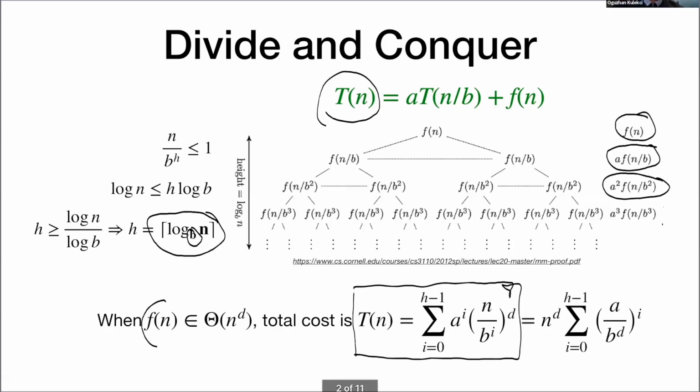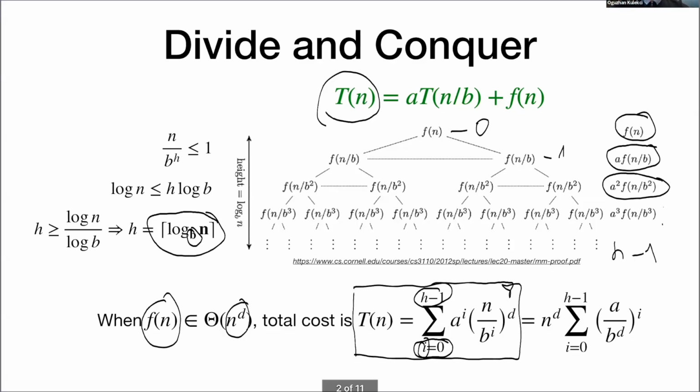And I know that each f(n) is big theta of n to the power of d, a polynomial, an efficient computation. So for i equal to 0 to h minus 1, this is the root level 0, this is level 1, and I will reach level h minus 1. I need to just sum the amount of operations I do at each level, and the level is denoted by this i.